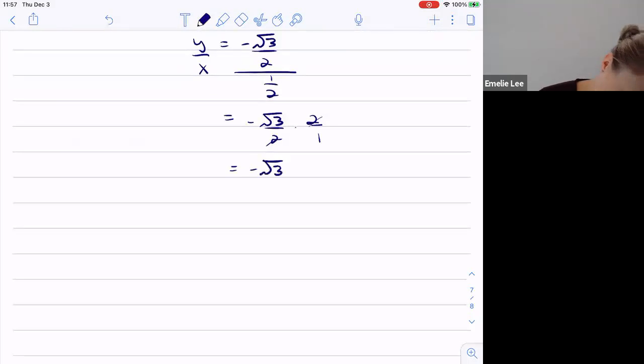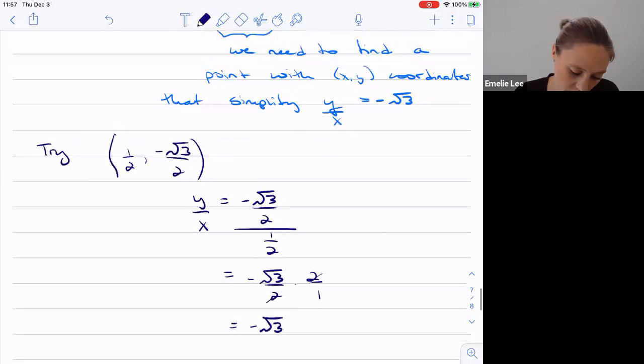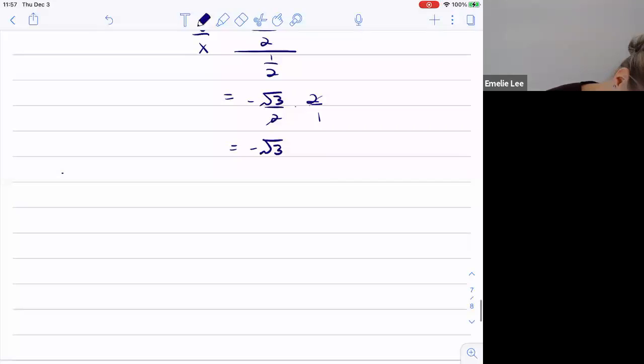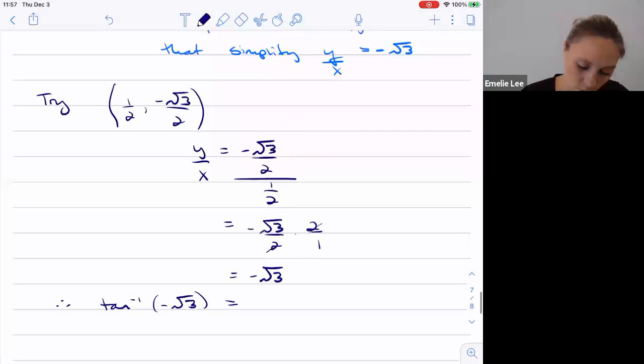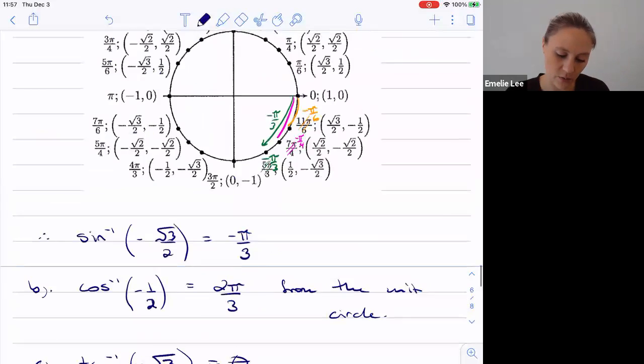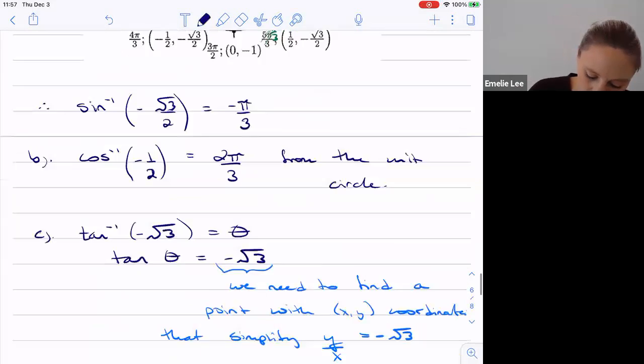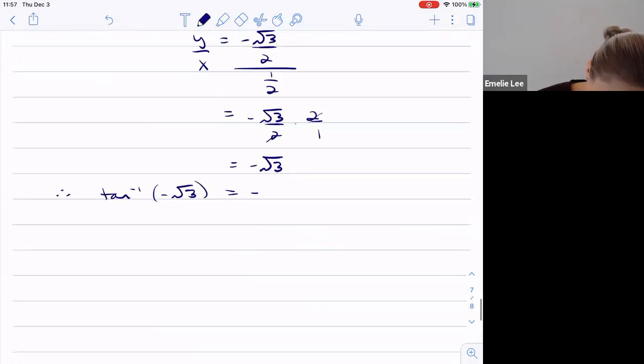So now I'm at -√3. So we can say the tan inverse of -√3 is equal to, and we grabbed those coordinates from this point here, and we've rewritten it as -π/3.